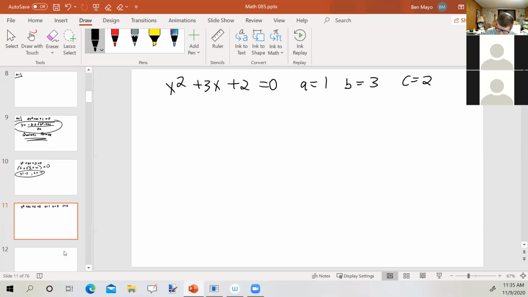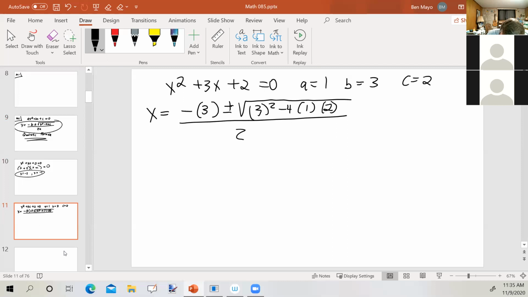Okay, so now x equals negative b plus or minus the square root of b squared minus 4ac all over 2a. Everybody following where I'm getting these numbers?